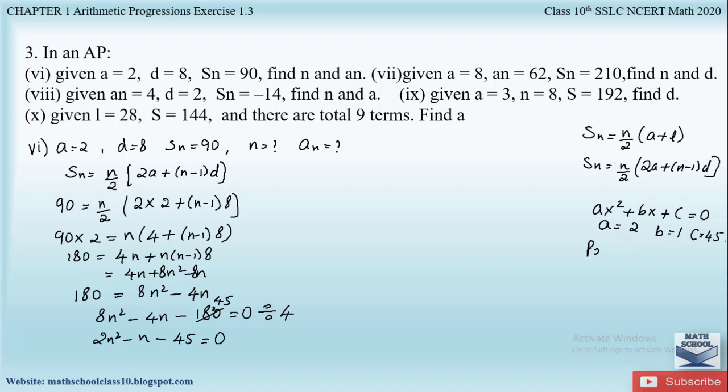So our product should be a into c, that is 2 into 45, which is equal to 90, and our difference should be equal to b, that is 1. We are taking the difference here because we have minus 45 here. If we have plus 45, then we will be taking the sum. Since here minus is there, the difference of the two coefficients should be 1.